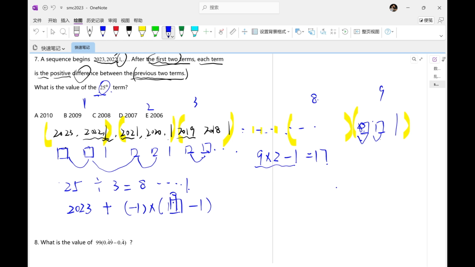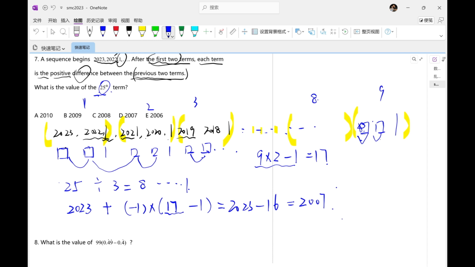So it is the 17th term in this new arithmetic progression. So 2023 minus 6, that is 27.